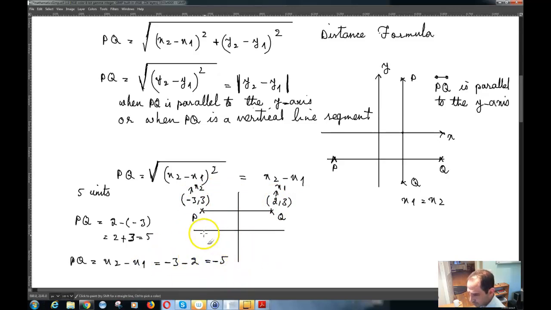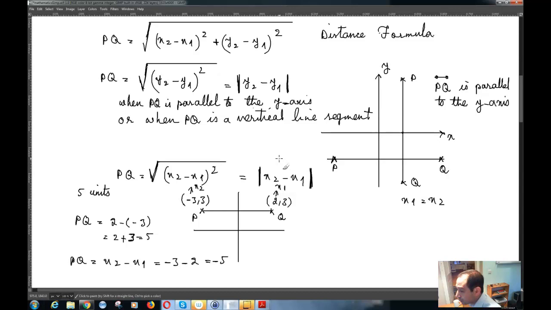Since a distance cannot be a negative value, I'm going to have to write this as the absolute value of x2 minus x1, and that's basically the whole story here.